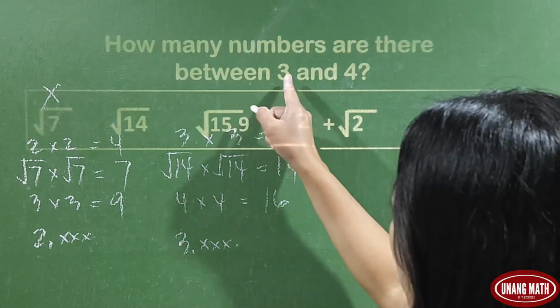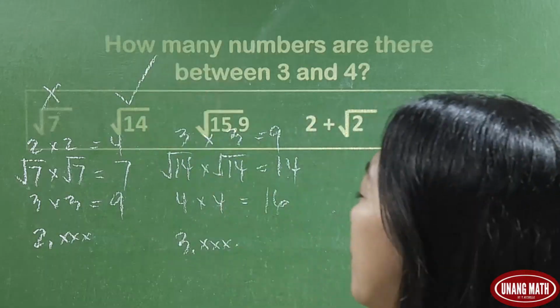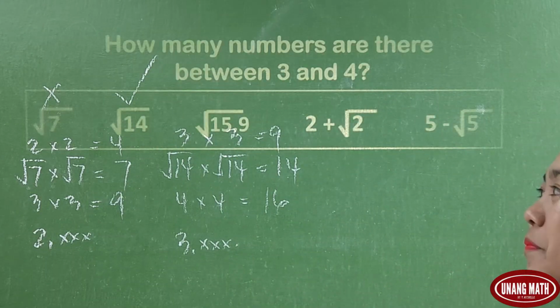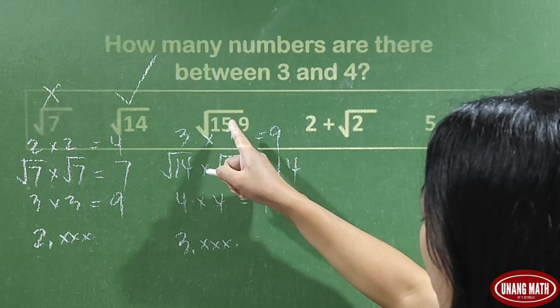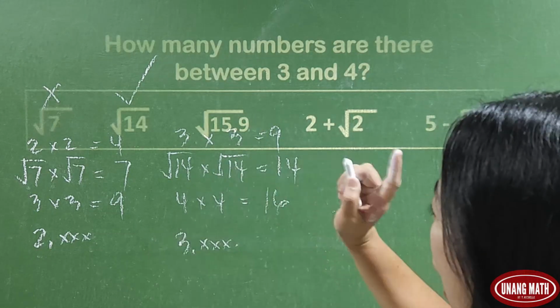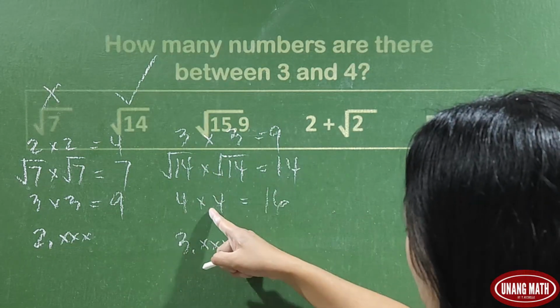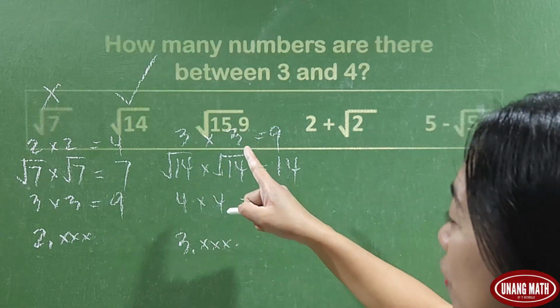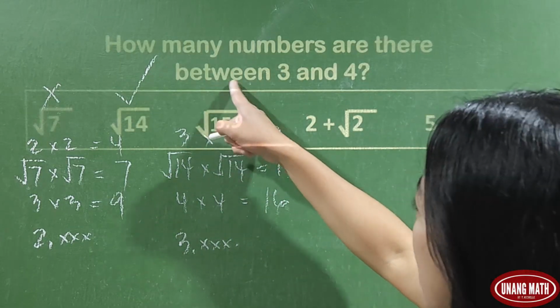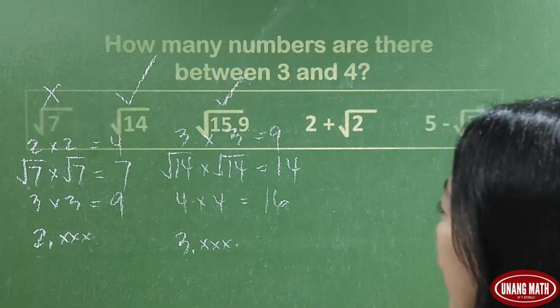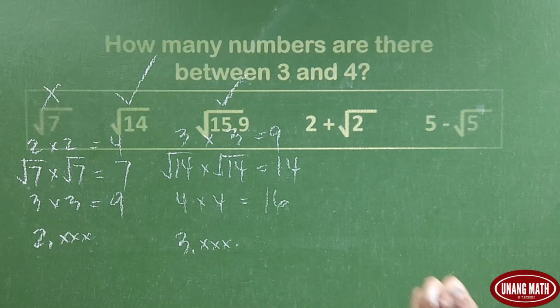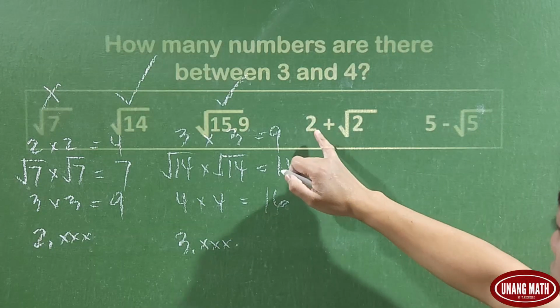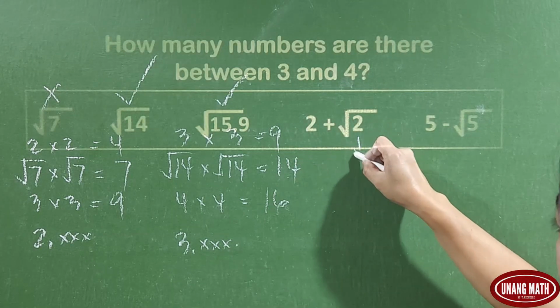And this is between 3 and 4. So the second option is correct. How about square root of 15.9? So 3 times 3 is 9, 4 times 4 is 16. So between 3 and 4. So this is also 3 point something. So this is between 3 and 4. So this is correct.